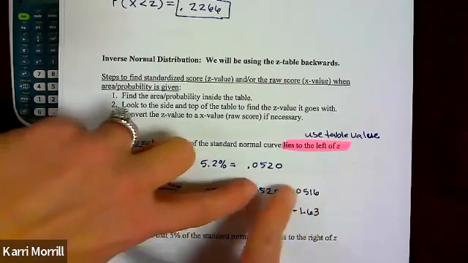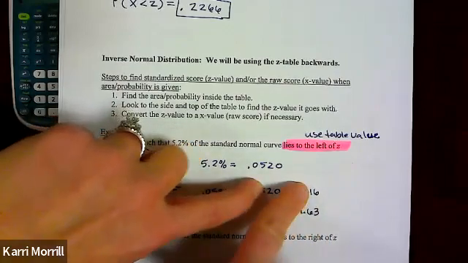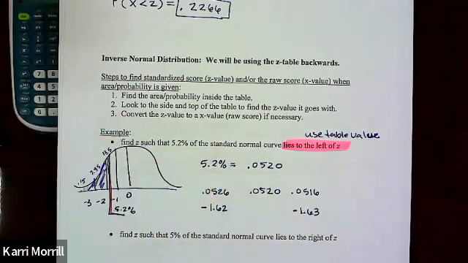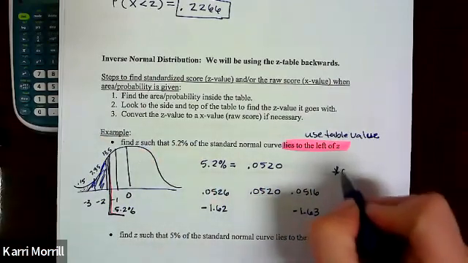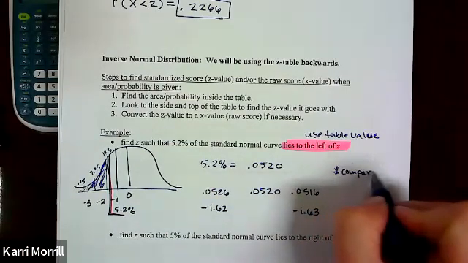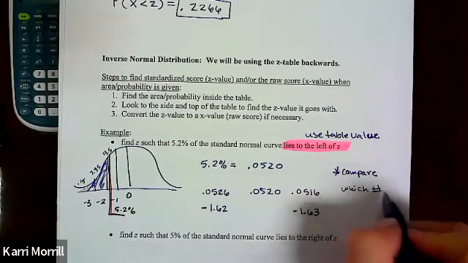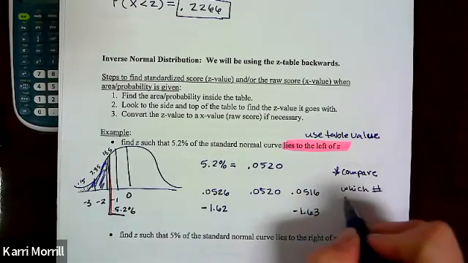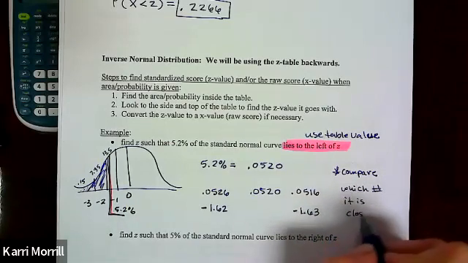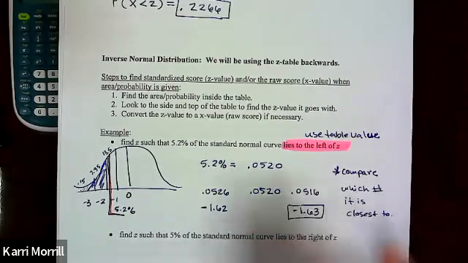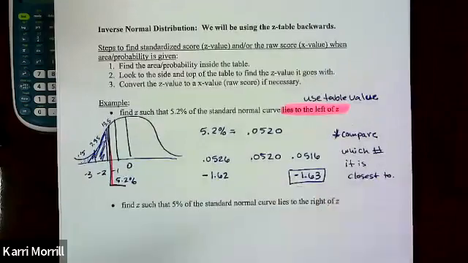Like if you just subtracted 20 minus 16, the difference is 4. 20 minus 26, the difference is 6. So it's closest. So we're going to compare which number it's closest to. And so since it's closest to that one, we would call this a negative 1.63.